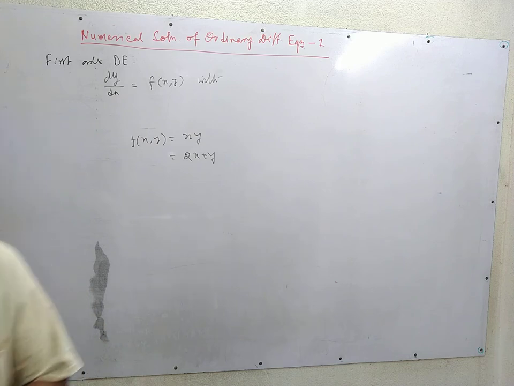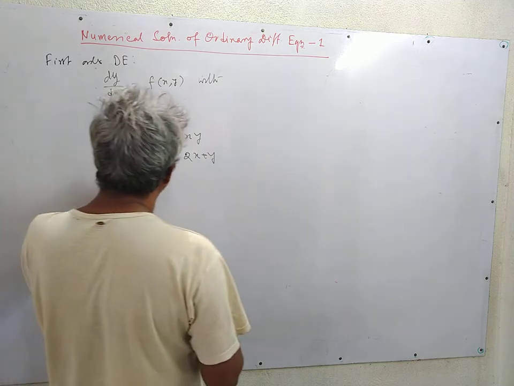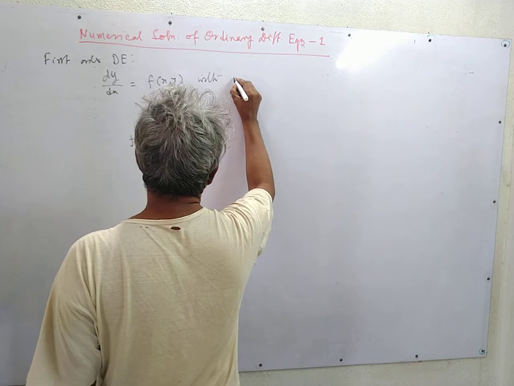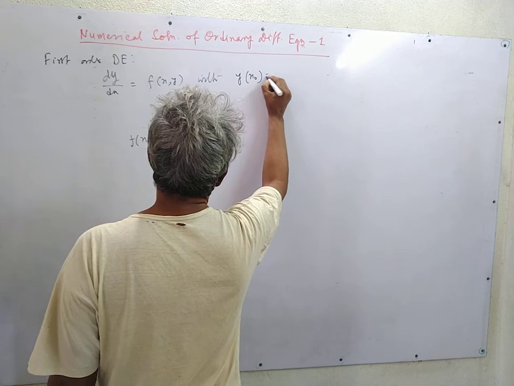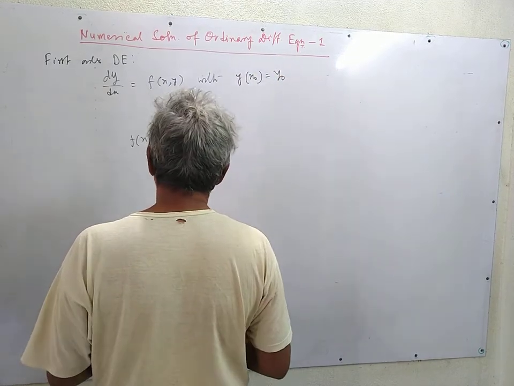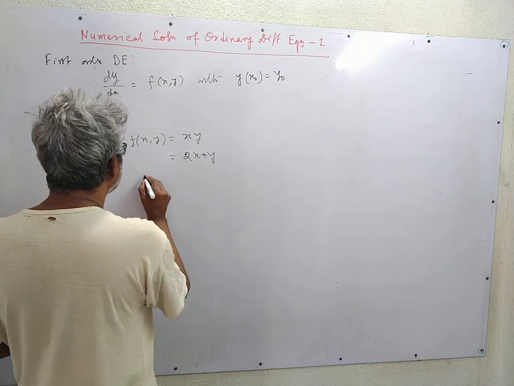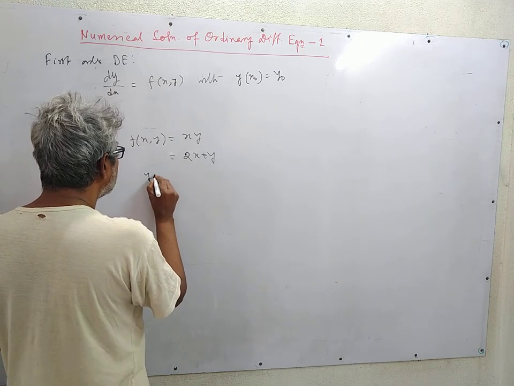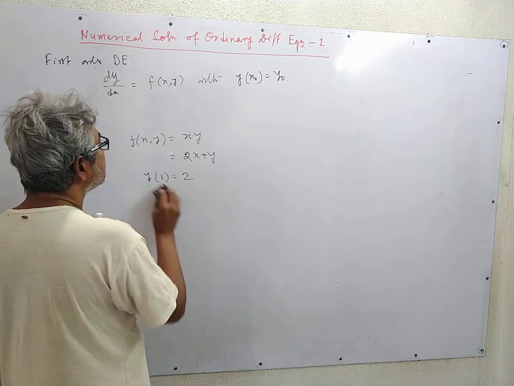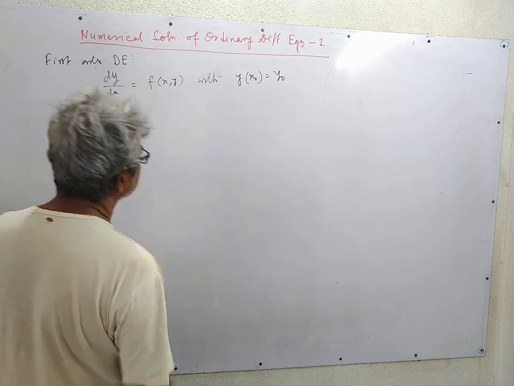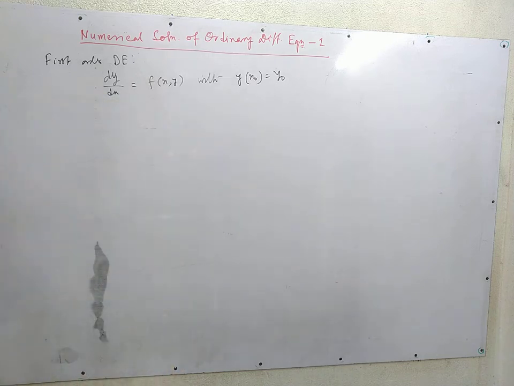If we integrate this out, we will require one integration constant to be evaluated, which is given by y at x equal to 0 being y0, and it is known. For example, say at x equal to 1, y is 2. This is the initial condition or the boundary condition. This is given. Our problem is to solve this equation.